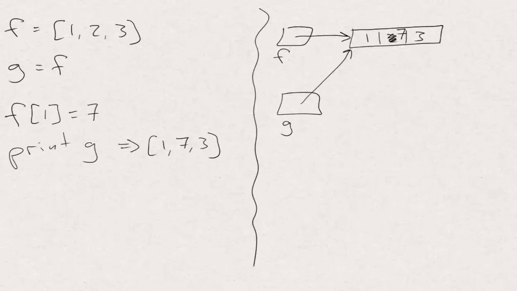The same thing will happen with our customer class and our transactions or anything else that we define if we make them mutable. That is, if we allow the object to be modified.